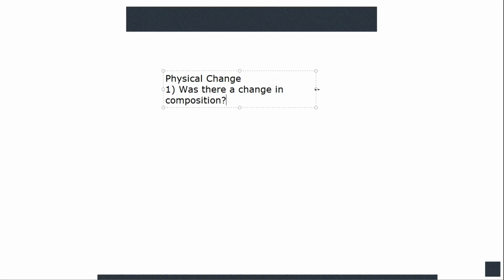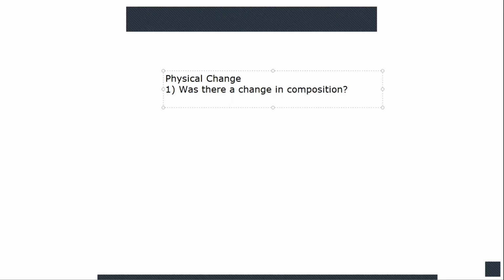So here's a physical change. Now, the questions you should ask yourself are the following. Was there a change in composition? That's one.